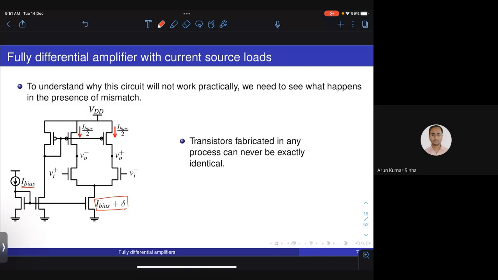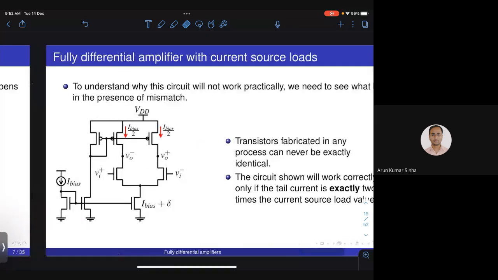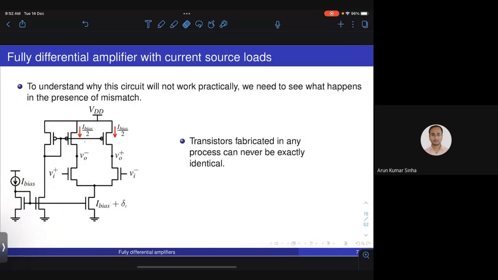So if this is I bias, this current will be slightly different, and the current flowing through these two branches, I bias by 2, also will have some small error. Let me say this is delta 2 and delta 1. For the sake of analysis, let us assume that these currents are perfectly matched.